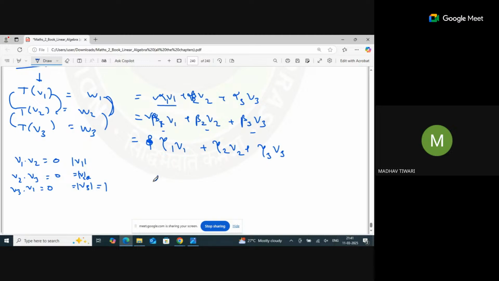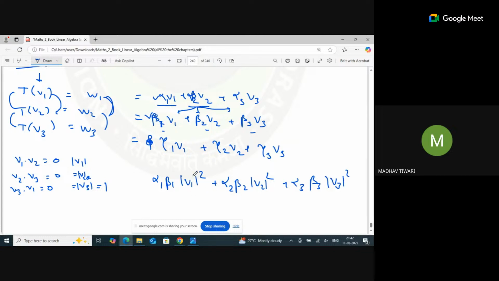So here I get alpha 1, beta 1, and V1 square. Now V2 dot product with V1 will be 0, and V2 with V2 gives alpha 2, beta 2, and V2 square. From here I get alpha 3, beta 3, and V3 square.